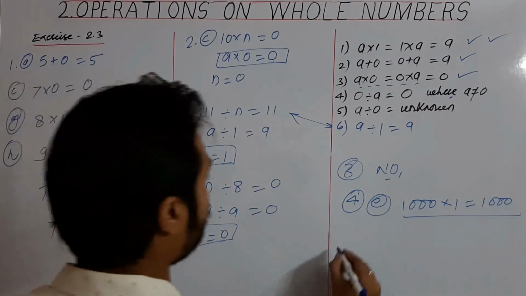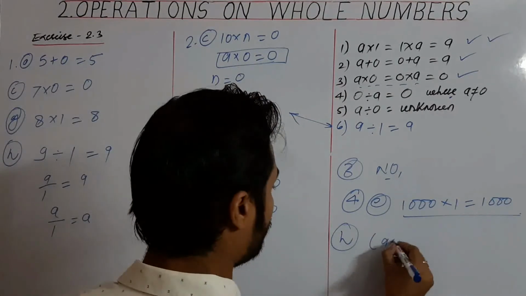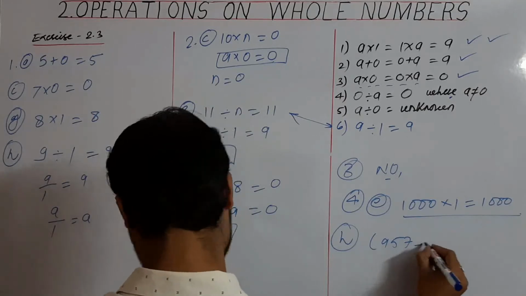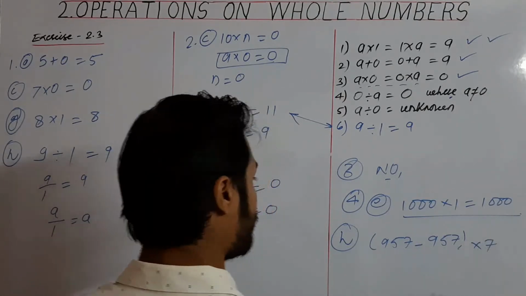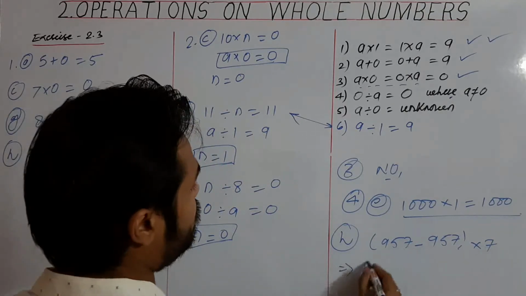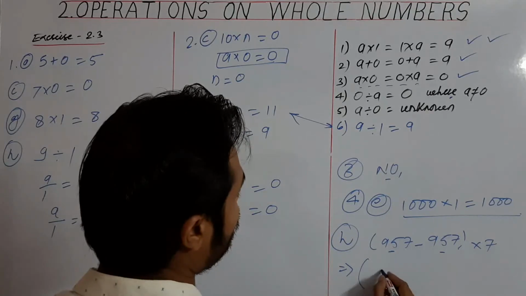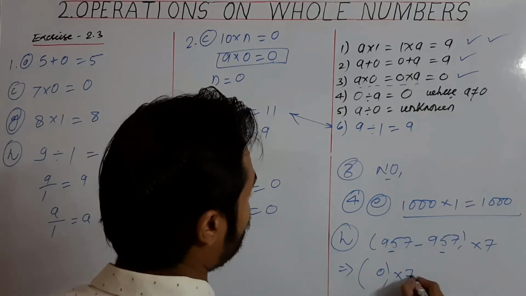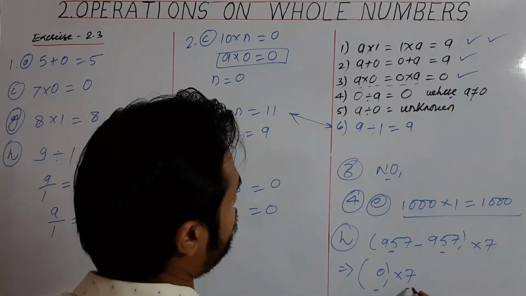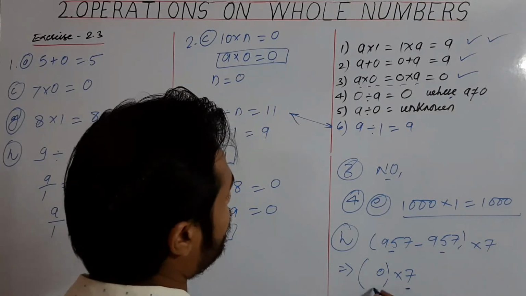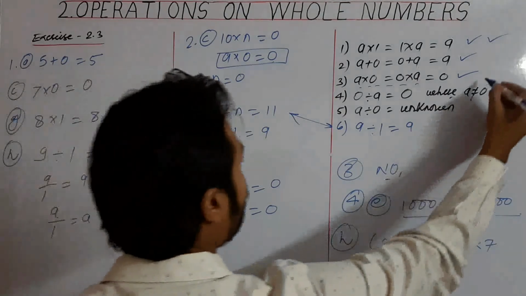Next we will solve H. 957 minus 957 into 7. In the next step, 957 minus 957 will be 0 into 7, and we know that 0 into 7, or any number multiplied by 0, equals 0. Third property.